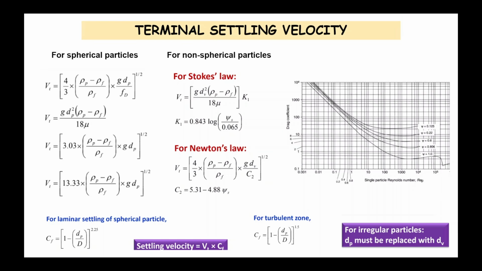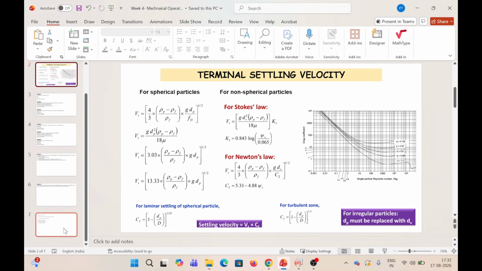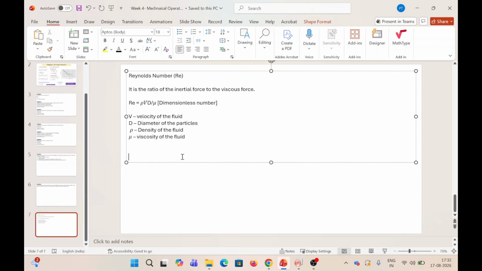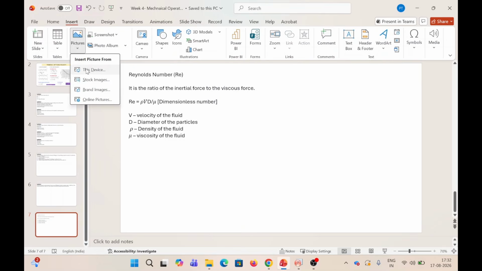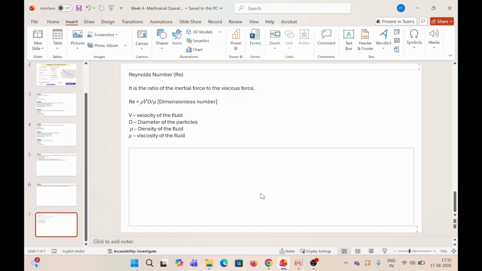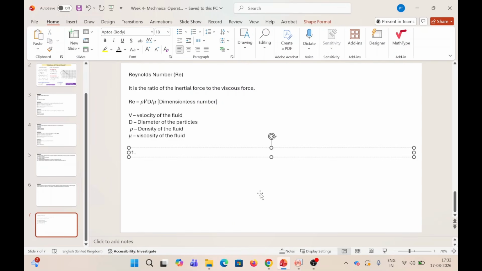So there are totally 6 assumptions. Let me just write the assumptions here. First assumption is the single particles that we are actually going to deal with are spherical in shape.